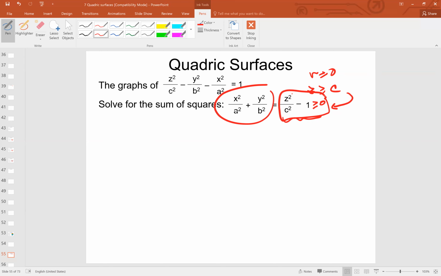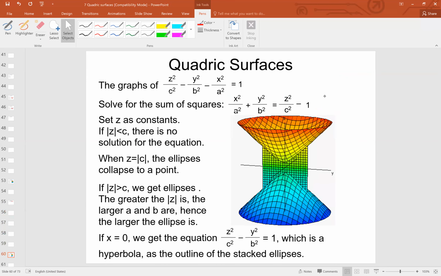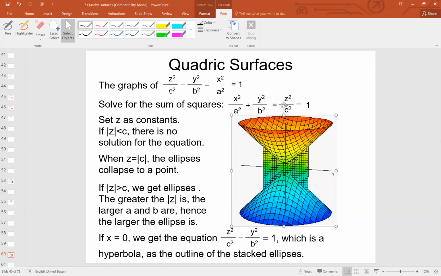Once you get to z equal to c, you get a bunch of ellipses stacked up. So in this case there will be two separate elliptic bowls, one up and one down, starting at a point over here.